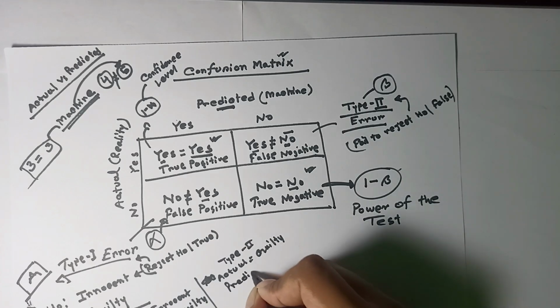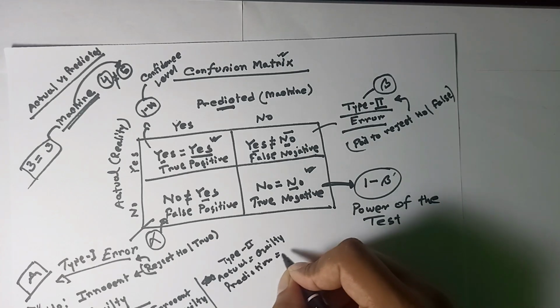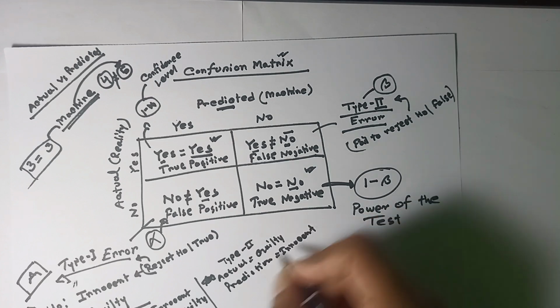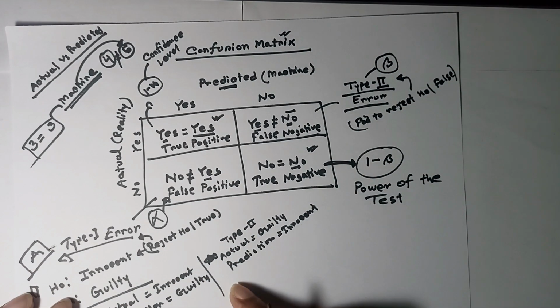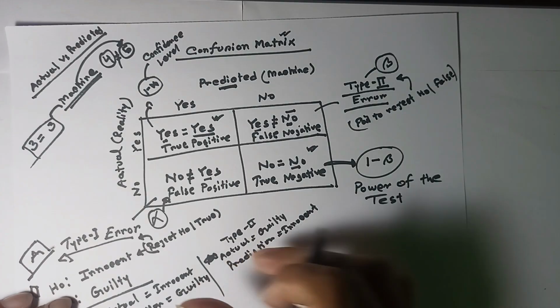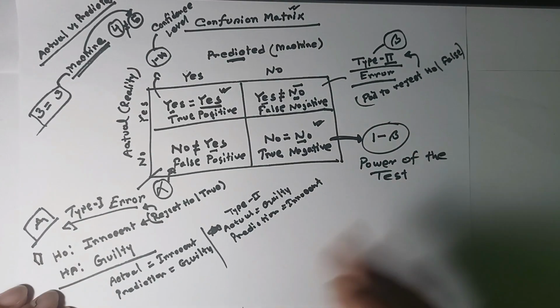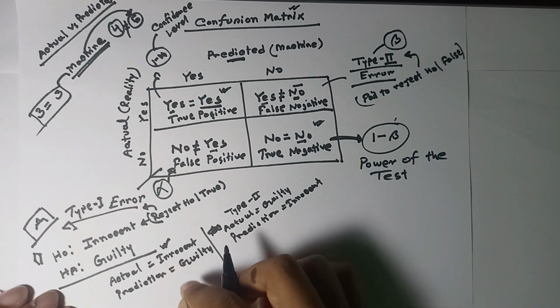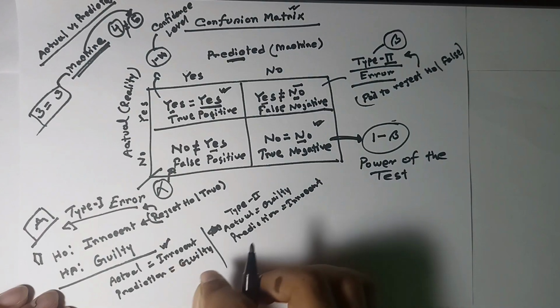Prediction will be innocent. Now, as a guesswork, what type of error is more dangerous to you? Many of them guess this one, because an innocent person was proven guilty. It's a massive crime.